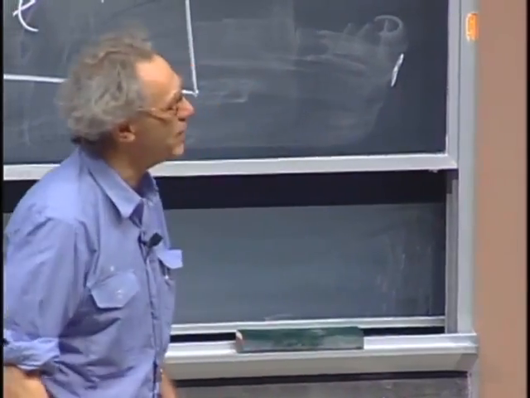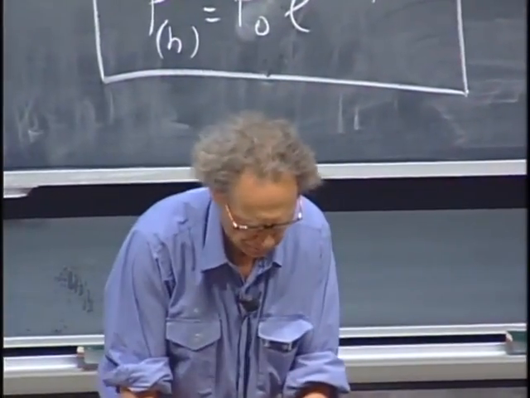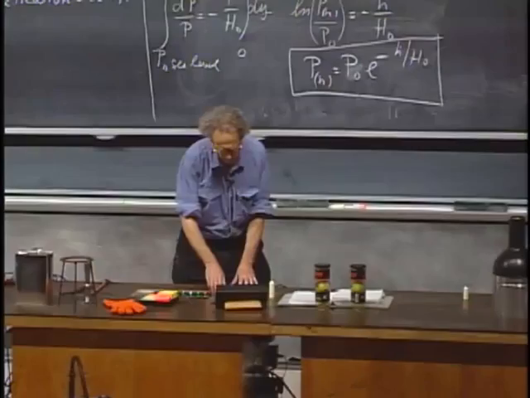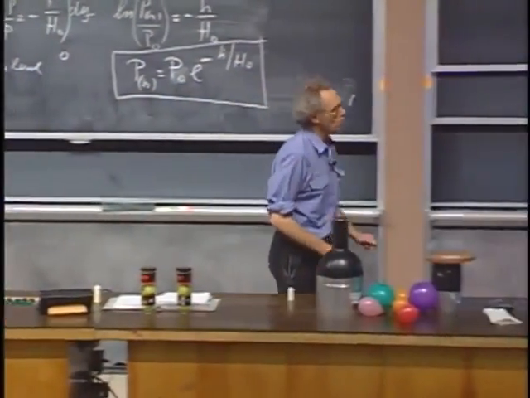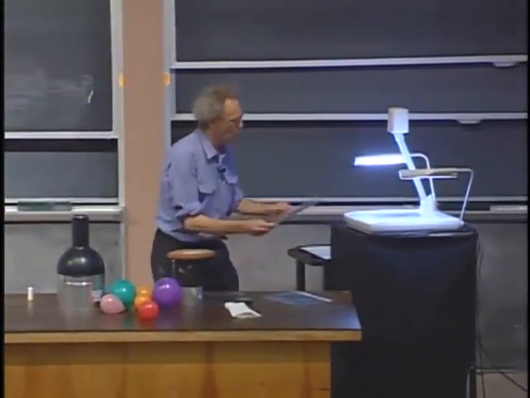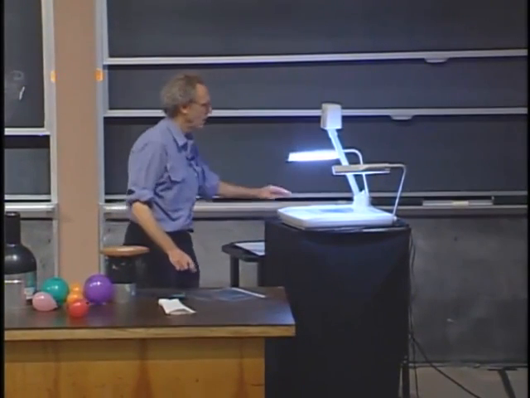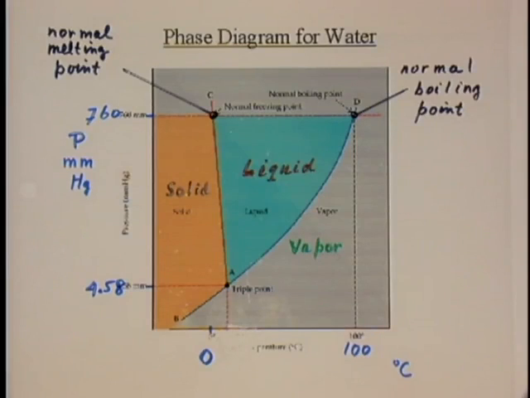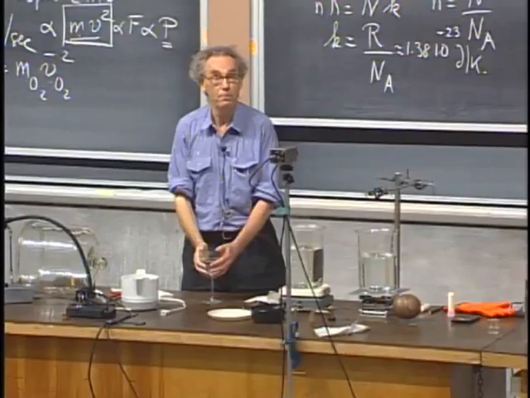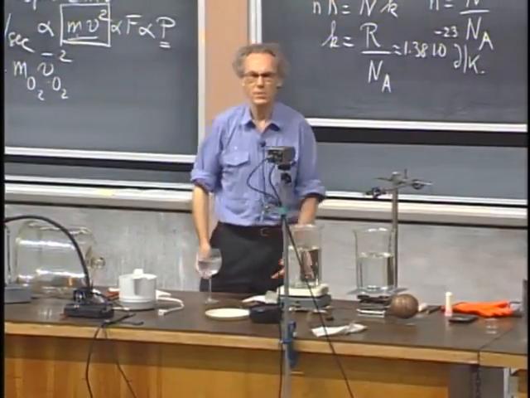I want to show you the phase diagram of water. This is the phase diagram of water. And what I want to do is I want to take some water and bring it to an altitude of about 30 kilometers.